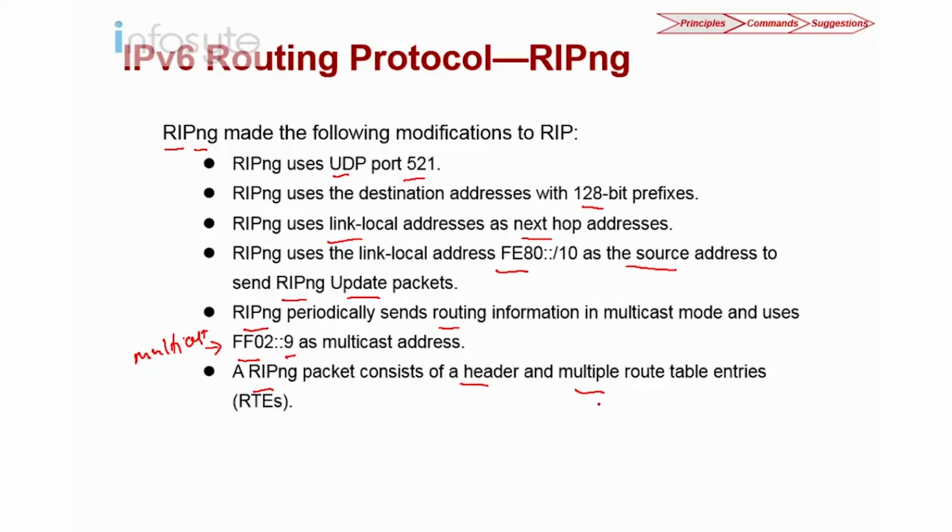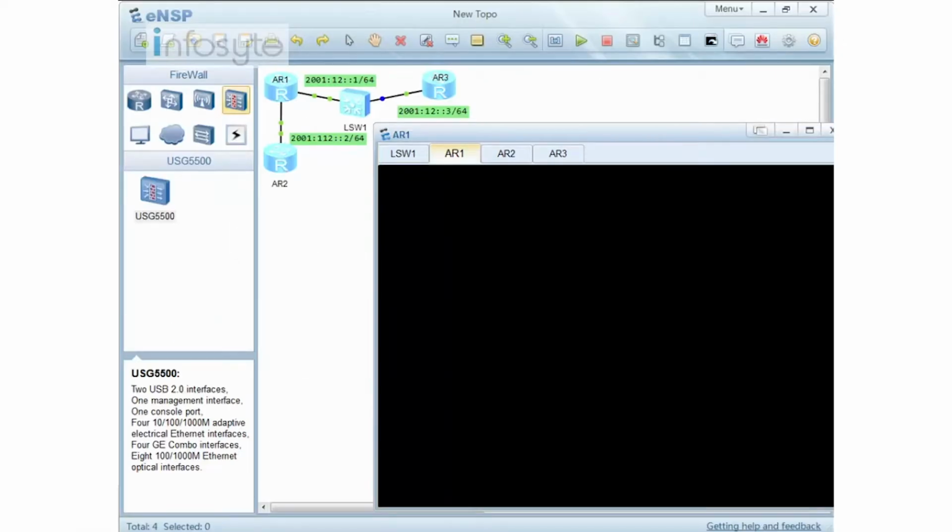I'm going to show you a very short demonstration of RIPng. I have modified my lab slightly: between R1 and R3 I'm using the 2001:12 prefix, and between R1 and R2 I'm using the 2001:112 prefix. Firstly, on R1, let me show you my IPv6 address.